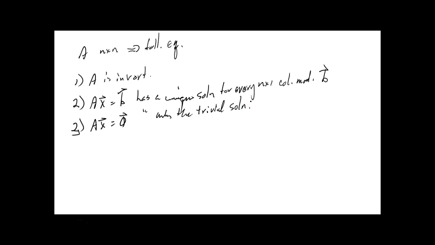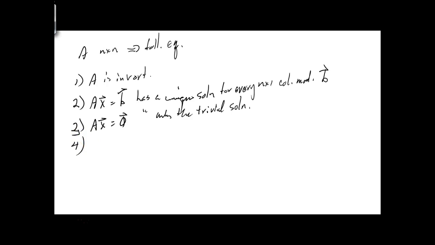Which basically comes right from there. For every choice of B, if B is all zeros, then the only X that works is all zeros, because you know all zeros will work. And this says that it has a unique solution. So if all zeros work, that's the only one it's got. None others will. Okay? So there's number 3. We did all these before.